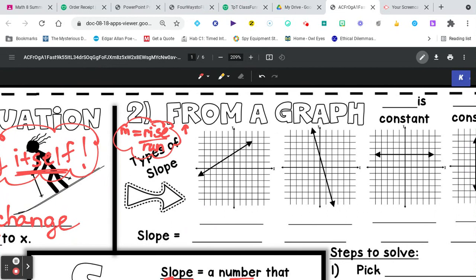Rise can either go up or it can go down. And run can go to the right or it can go to the left. But you want to make sure that you rise before you run. If you rise up, it's positive. If you rise down, it's negative. If you go to the right, it's positive. If you go to the left, it's negative.